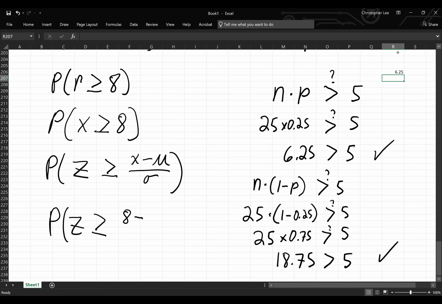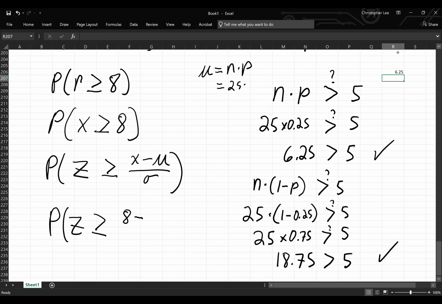Mu equals n times p. That's it. So my mean is equal to n times p, and in this case my n is 25 times my p, which is 0.25. That's 6.25. So all I gotta do is write that in. Easy, right?